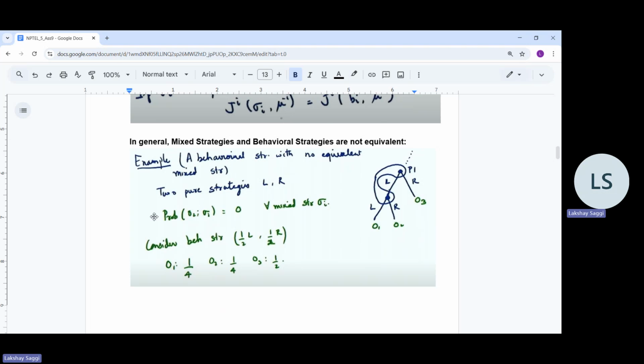So here we have found a behavioral strategy which will have no equivalent mixed strategy. And that's why you can say that in general, mixed strategies and behavioral strategies are not equivalent.